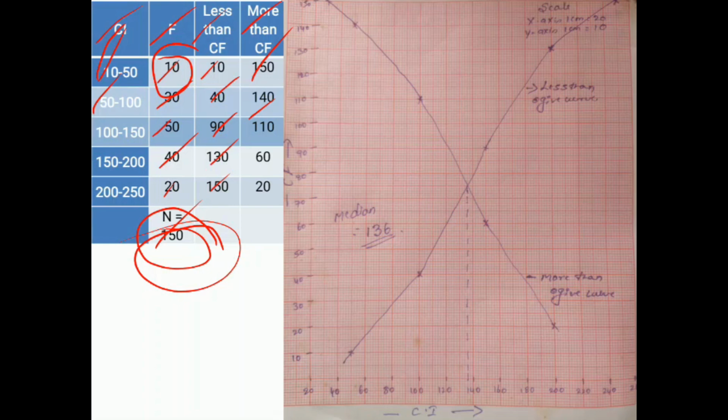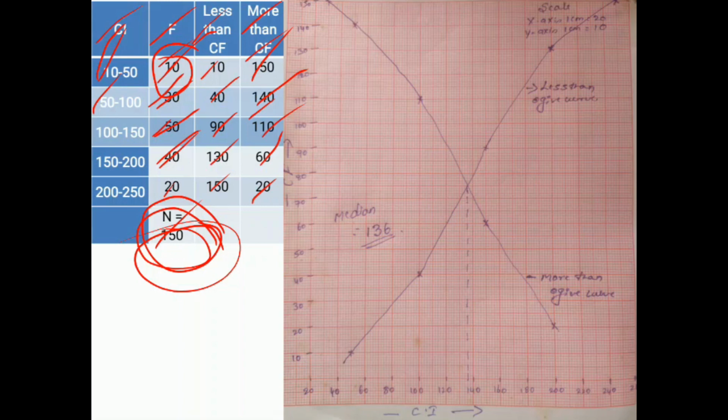Just write 150, the total value, in the first row. 150 minus the frequency, 150 minus 10 is 140. 140 minus 30 is 110. 110 minus 50 is 60. 60 minus 40 is 20. So you will get the more than cumulative frequency.